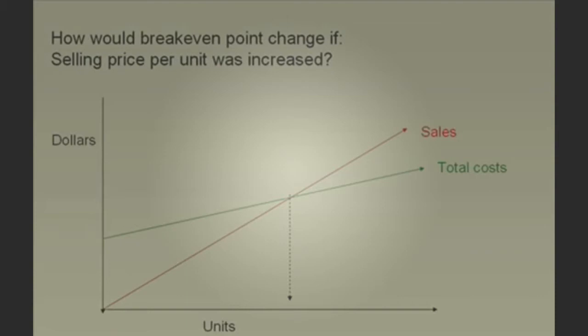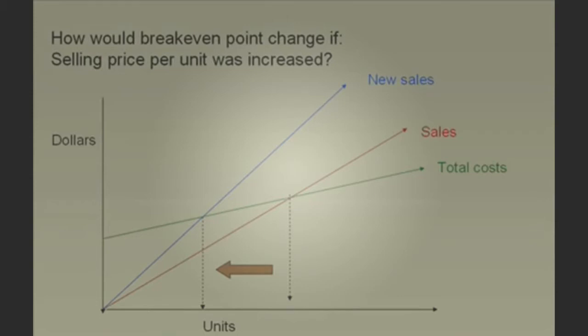This is because you get more revenue per item sold. So it will look like this. That's the sales revenue line. The break-even point is where the new sales line intersects total cost. So it will move to the left, like so.